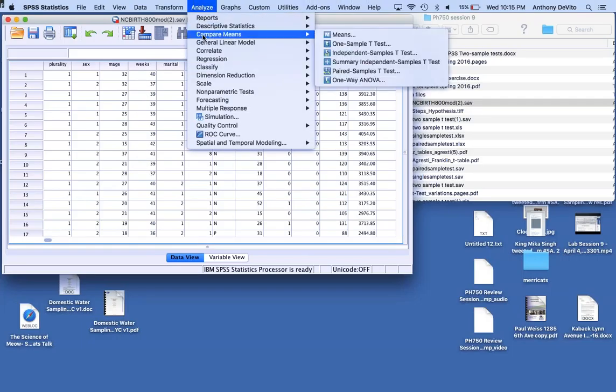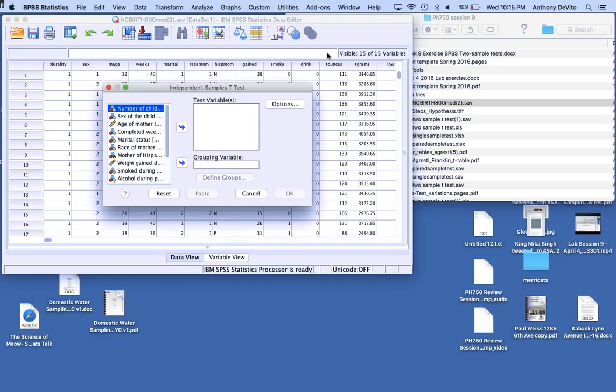And let's compare the means of two groups. They're independent samples, right? It's not a paired sample. They're independent samples. Okay, and the variable that we're testing is the amount of weight gained. We want to know the mean weight gained for two groups. And we're going to put the grouping variable, how we want to split that up, down here.